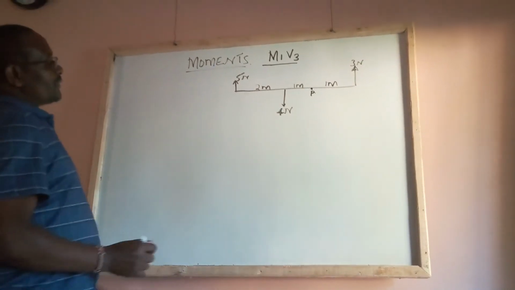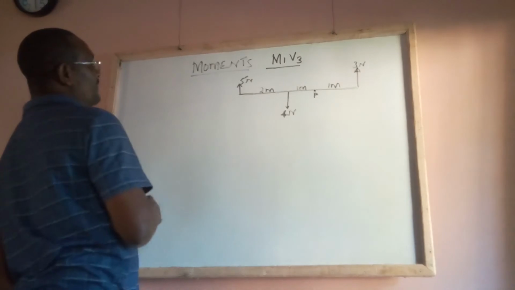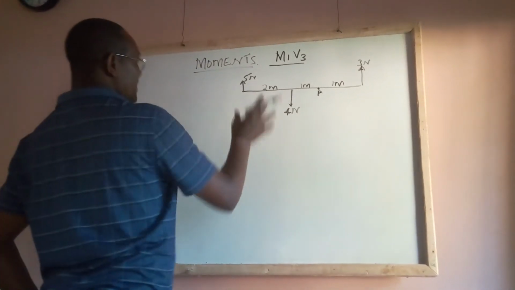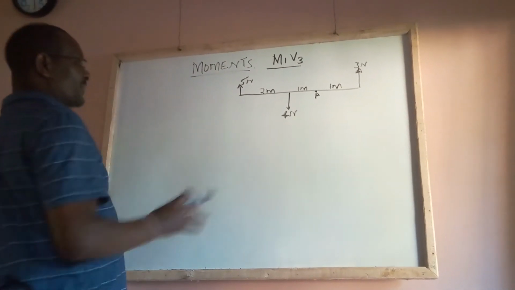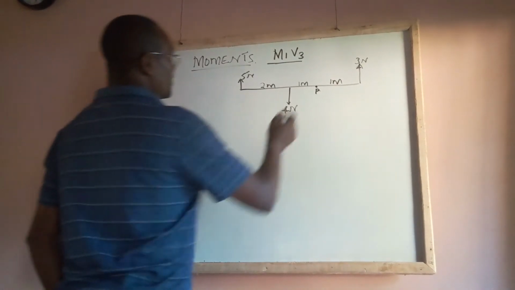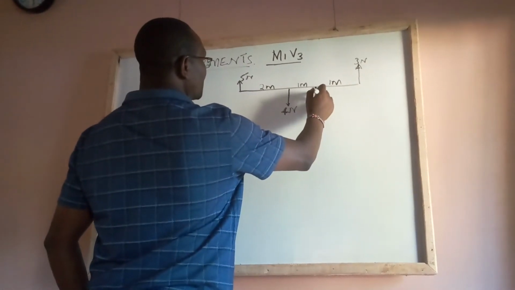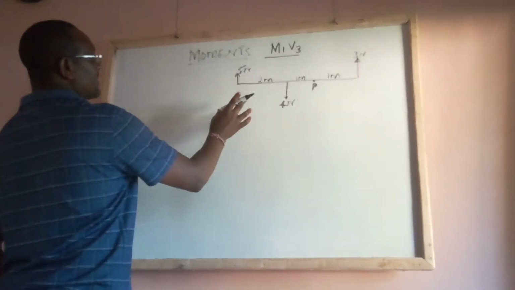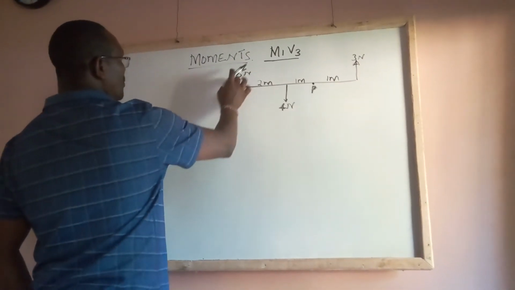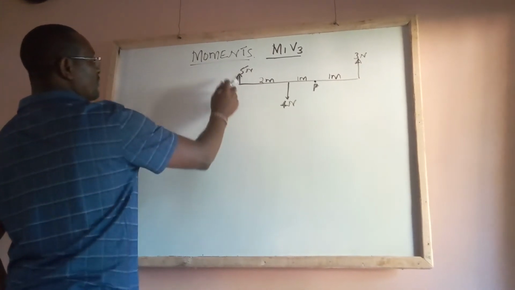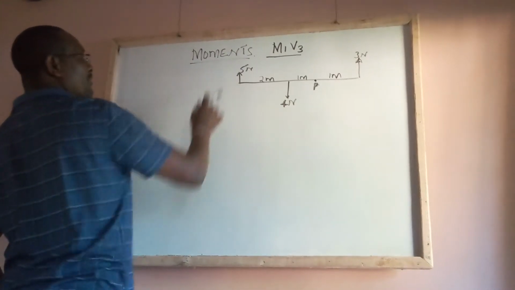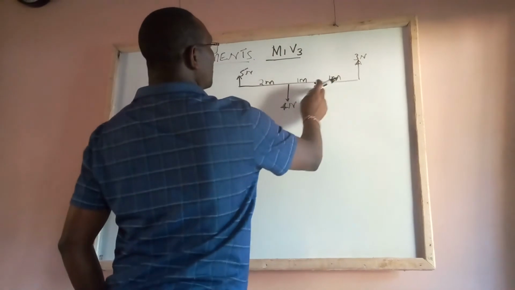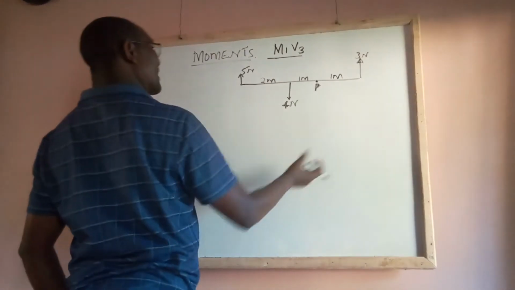Now, if you look at this diagram, there are several forces and several distances. The key point is P, which is considered to be the point of rotation. So there is the moment about P due to 5 newtons, which is going up. There is a moment about P due to 3 newtons, again going up.